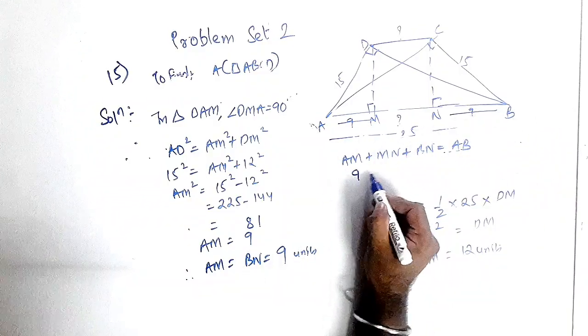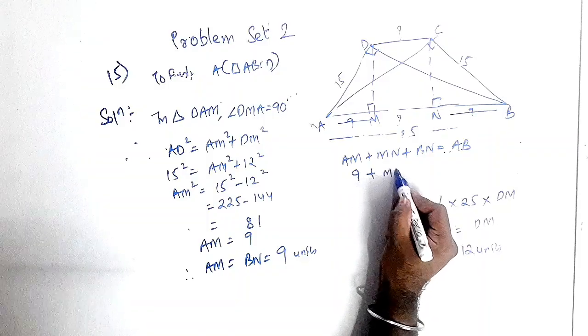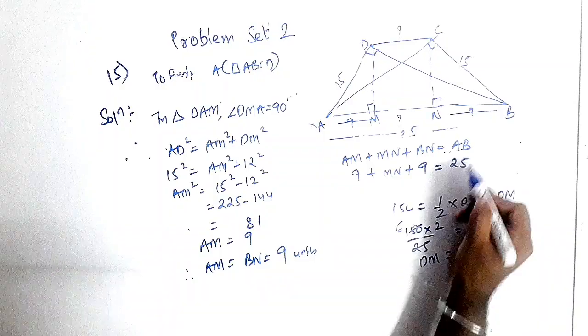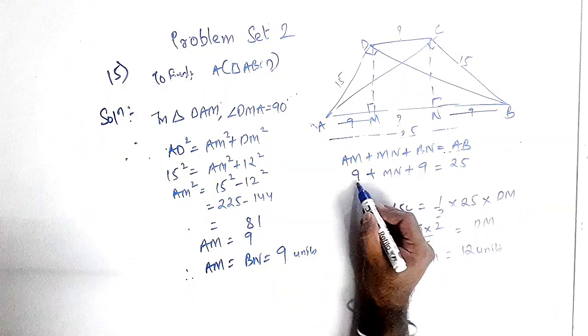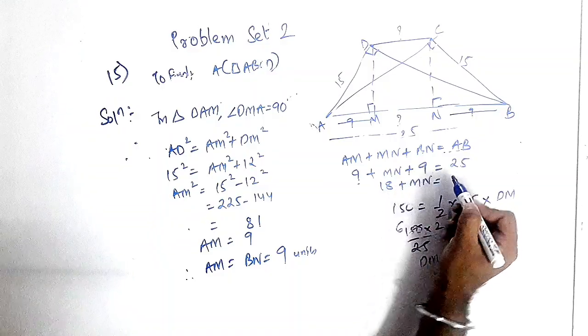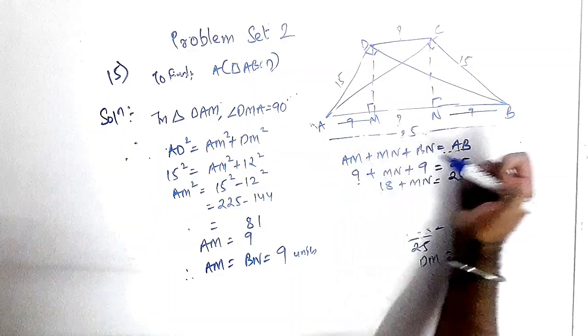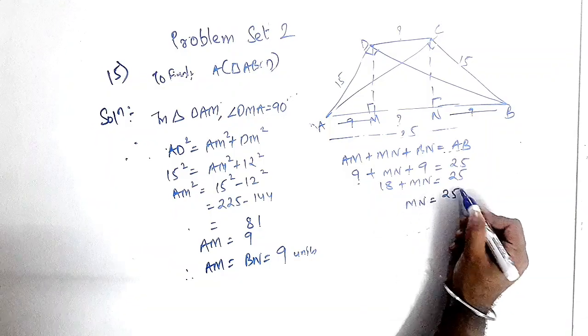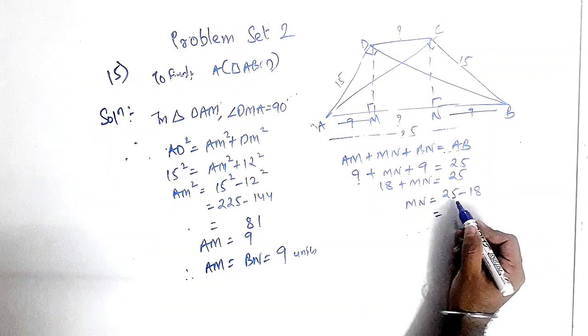So I'll write the values now. AM is 9 plus MN plus BN, BN again is 9, is equal to 25. Okay, so 9 plus 9 becomes 18 plus MN equals to 25. Okay, now MN is equal to 25 minus 18.